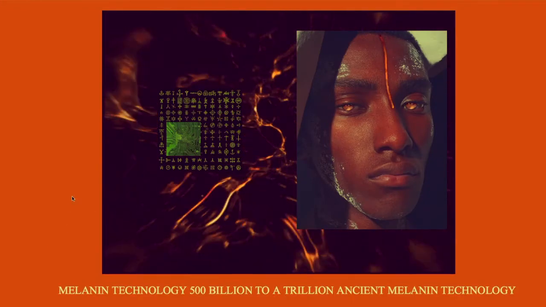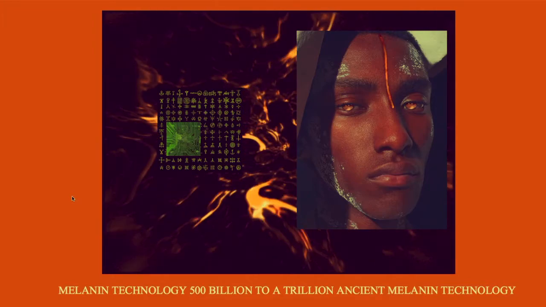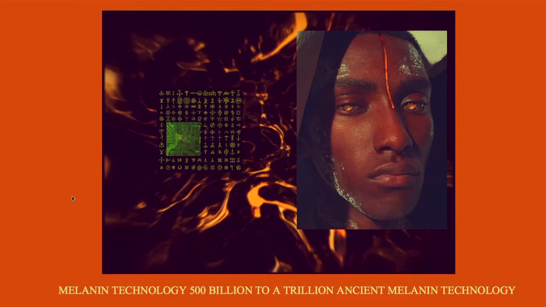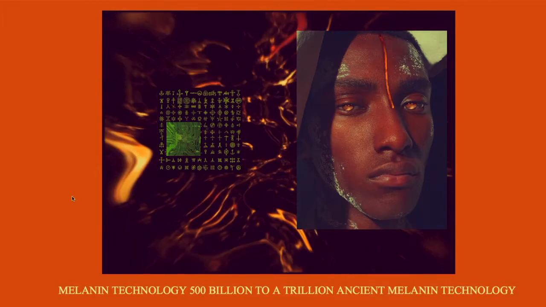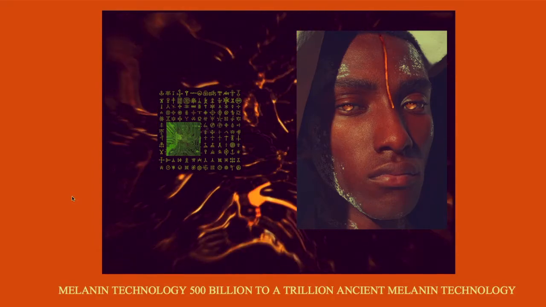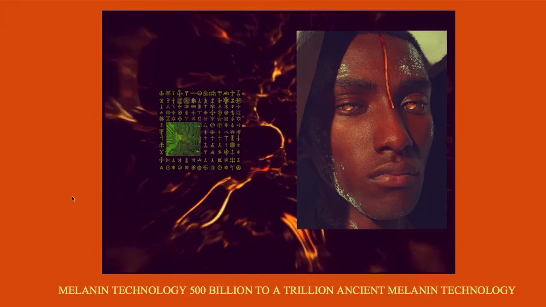Okay, what we're getting into right now is called the melanin technology, which is 500 billion to a trillion years of ancient melanin technology. That's how advanced this stuff is, and that's exactly how advanced this technology we're getting into is.